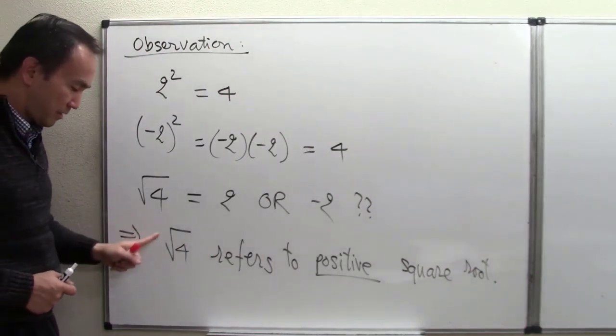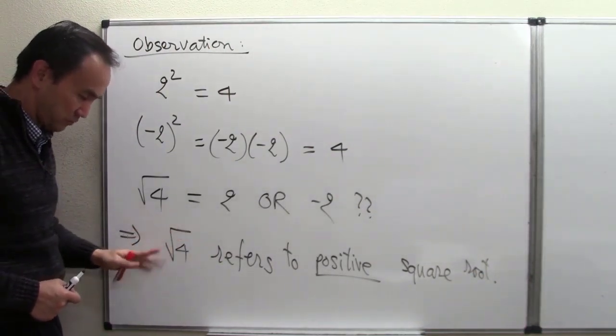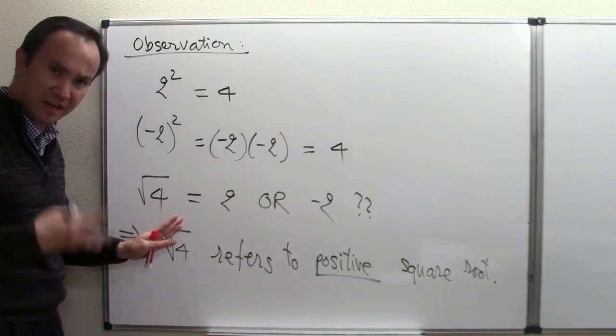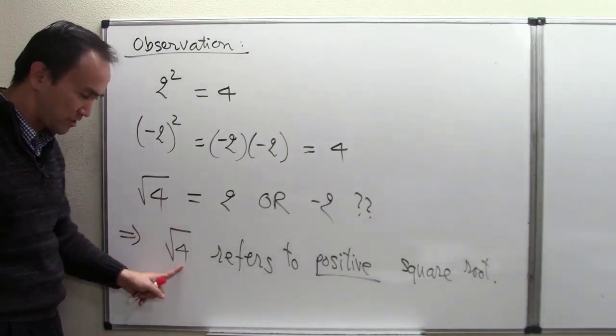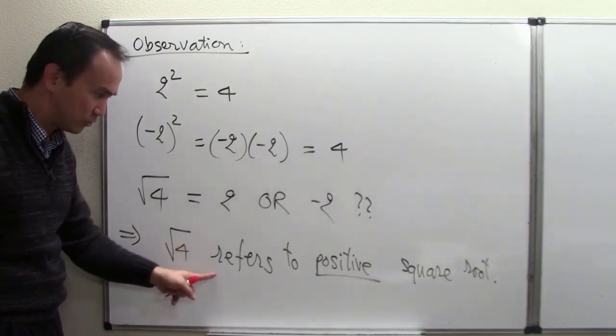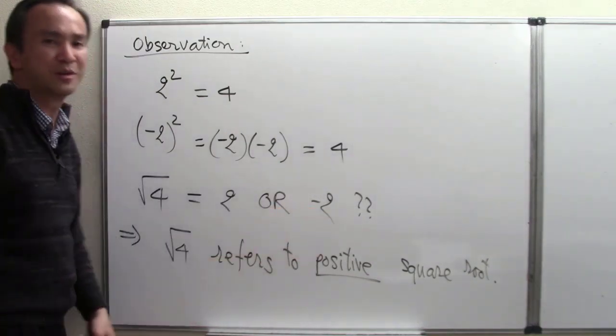So now keep in mind the square root sign right here, with nothing else, just the square root sign as we've been knowing since the beginning of the lesson until now, that square root sign with a number inside of that, it refers to we want a positive square root. Okay.